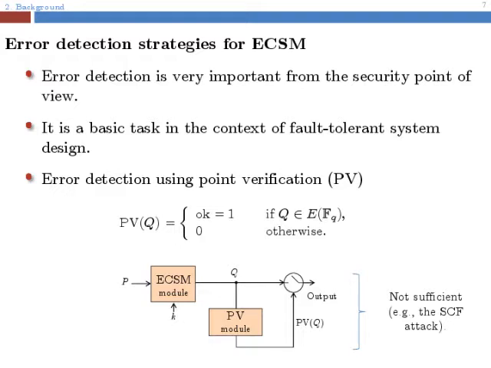If it's not, we shouldn't give any result. But for the sign change attack, this countermeasure is not enough. We need to add something else.